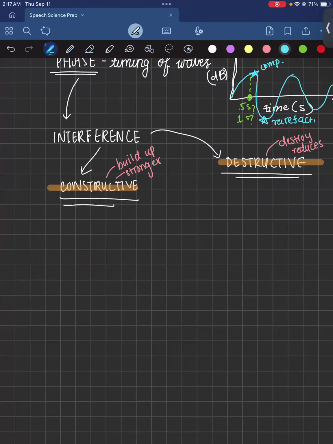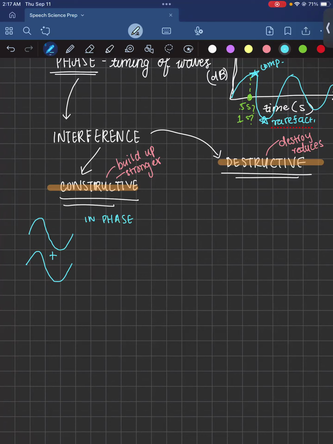So with constructive interference, basically, let's say we have these two waves, and at some point, these waves look like this. And what that means is that these waves are what we would call in phase.